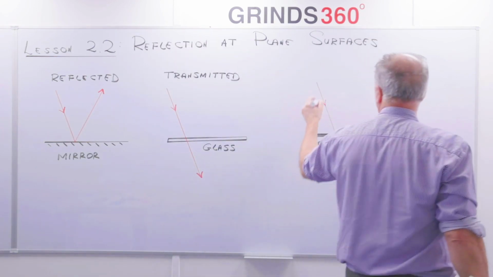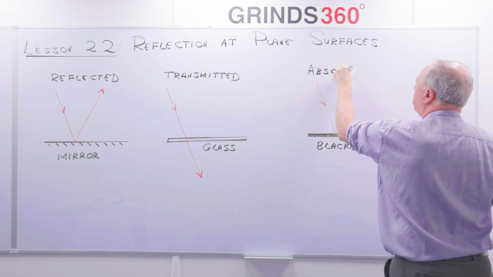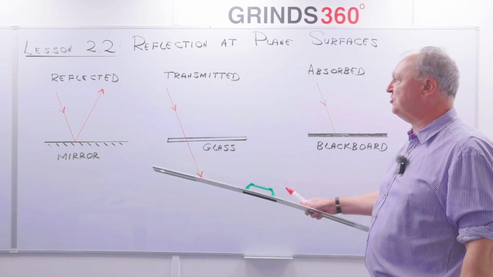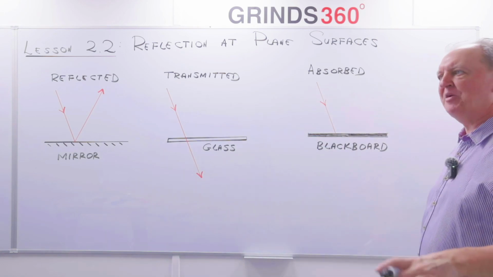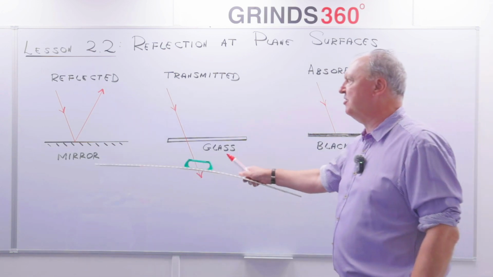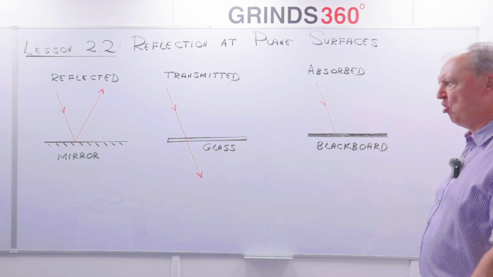So the ray of light is absorbed. Now, no surface is a perfect reflector, a perfect transmitter, perfect at absorbing. So you usually get combinations of all 3. But primarily, a mirror is a reflector, glass is a transmitter, and a blackboard will absorb.